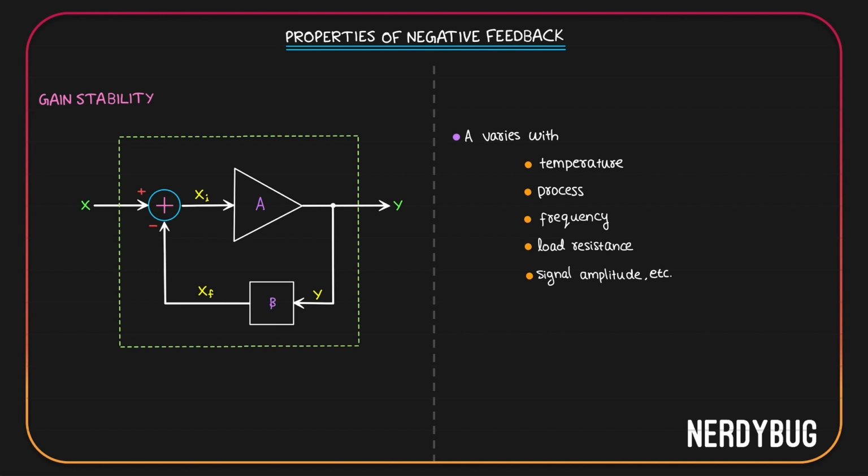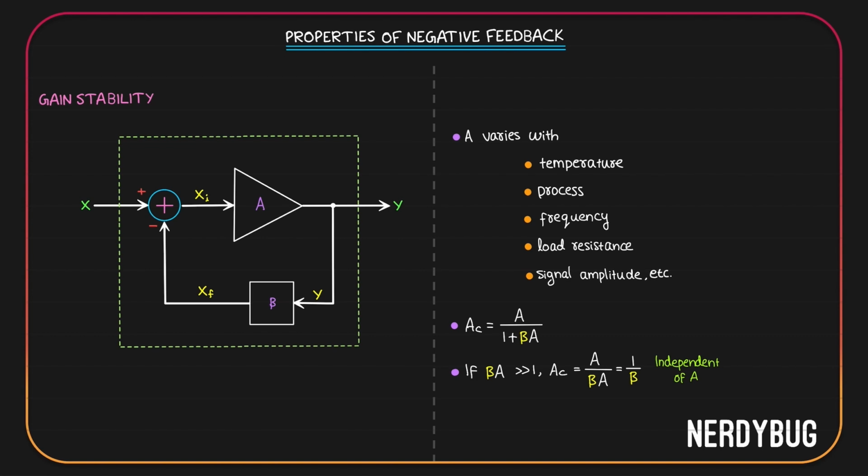Now, when a negative feedback is added, the effective gain becomes A divided by 1 plus beta A. Here, if beta A becomes very much greater than 1, then the denominator 1 plus beta A can be approximated to just beta A. Then closed loop gain will be A divided by beta A. A and A gets cancelled and the gain becomes 1 by beta, which is just the reciprocal of our feedback factor. Clearly, it is independent of the open loop gain of our amplifier. So even if A varies with all these factors, the closed loop gain will still be constant.